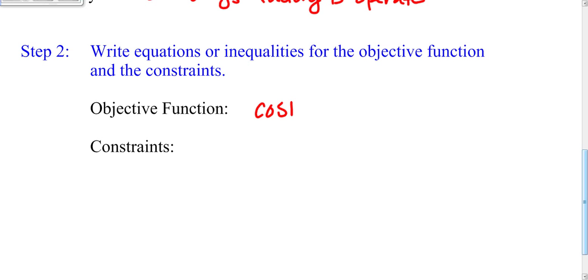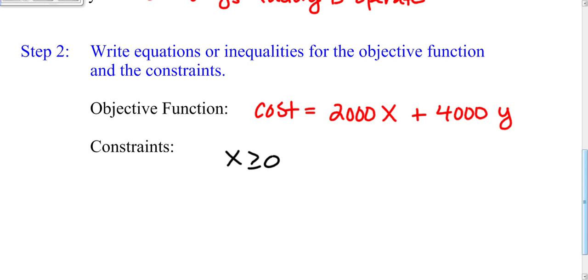And in this case, it costs me $2,000 to operate factory A, and it costs me $4,000 to operate factory B. Then my constraints. Obviously, I can't operate a negative number of days at factory A, so X has to be greater than or equal to 0. Can't operate a negative number of days at factory B, so Y has to be greater than or equal to 0.